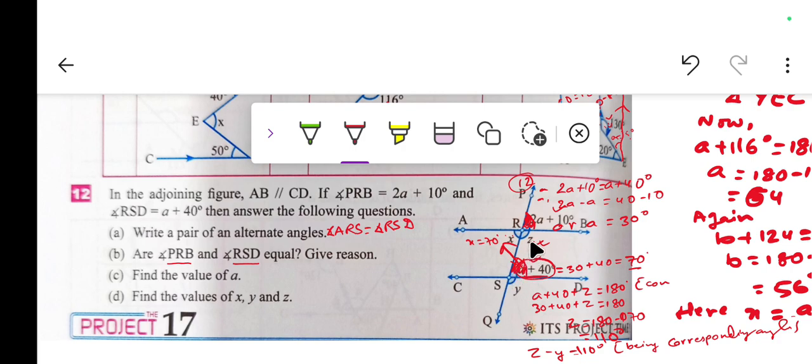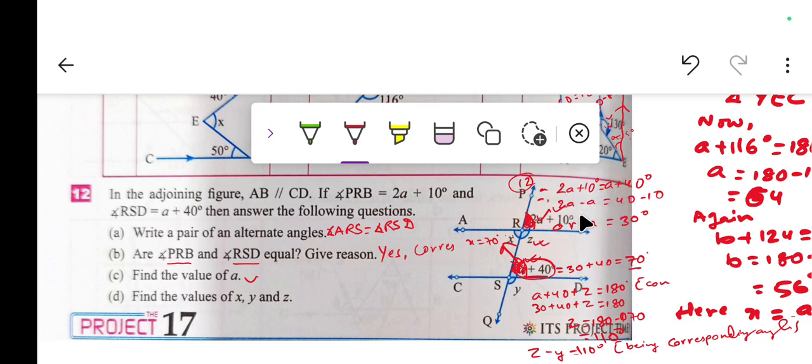Yes, both are corresponding, one exterior, one interior. Why? Being corresponding angles, you can write corresponding.